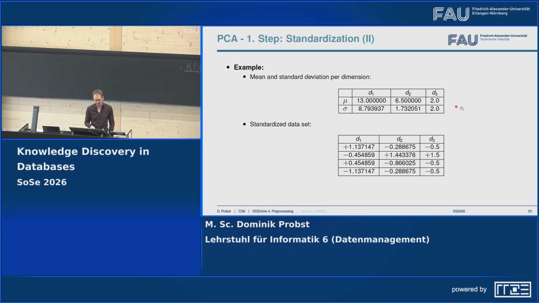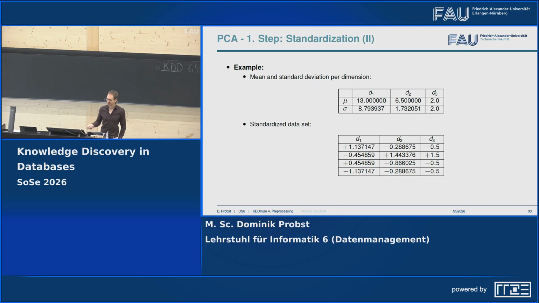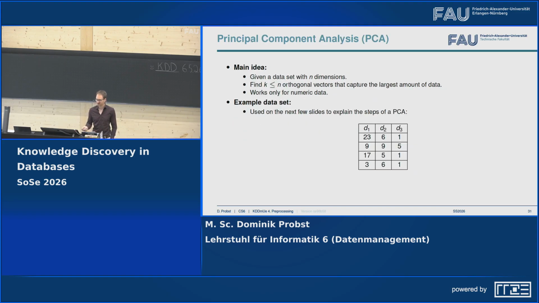And the standard deviation of these values, you can try to recalculate these, should be correct, hopefully. And then if we apply the standardization to every data point, we end up with a table like this. So this is simply the standardized table from here.